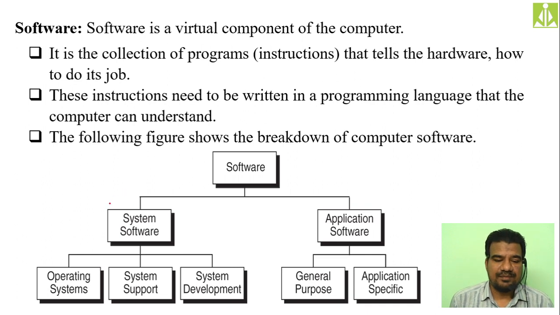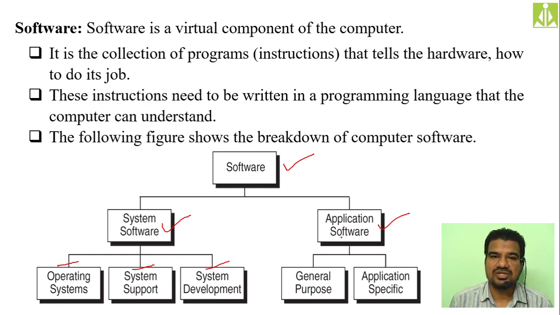So here we have the representation of computer software, how it is classified into different categories. Your computer software is divided into two types: system software and application software. What is system software? System software is divided into three types: operating system software, system support software, and system development software.